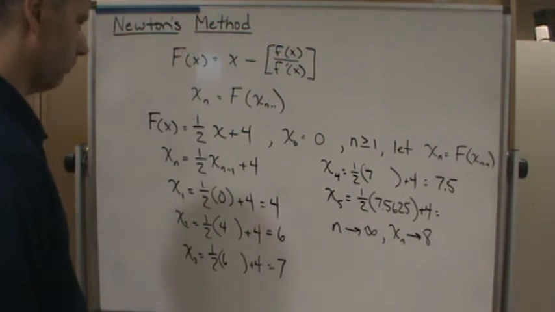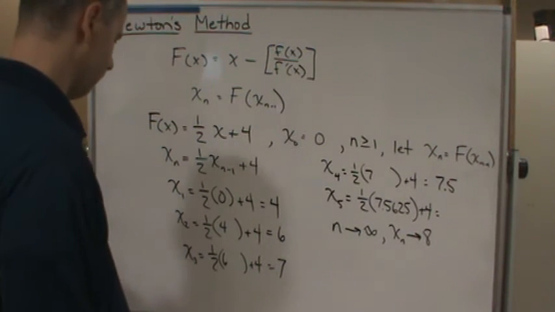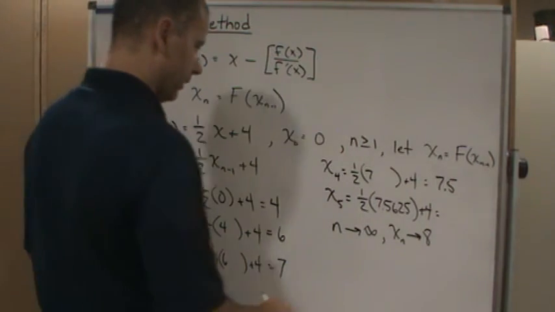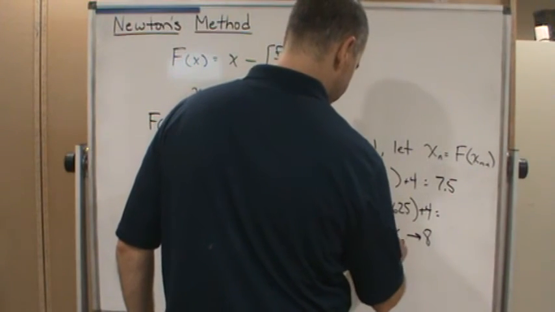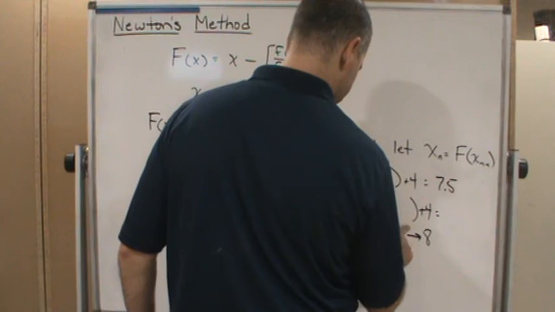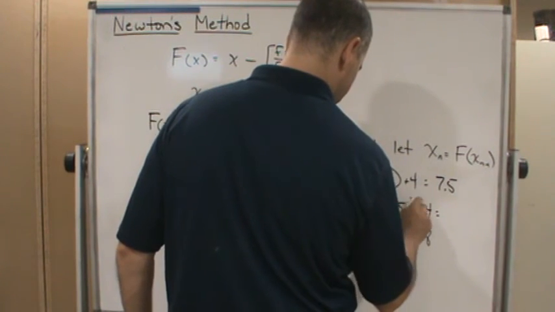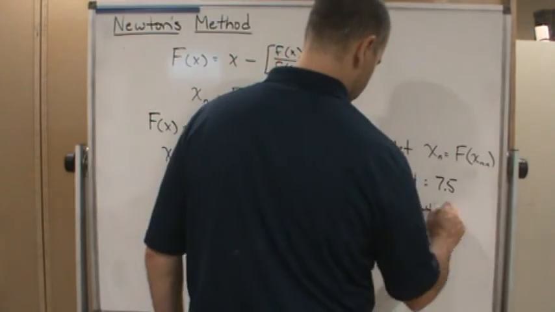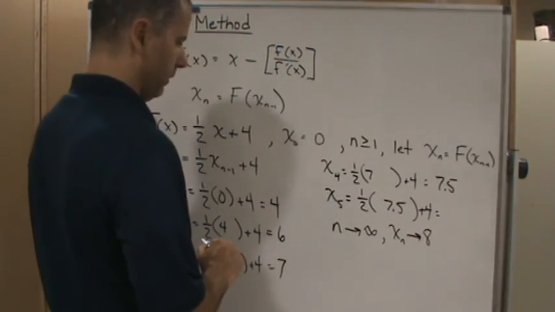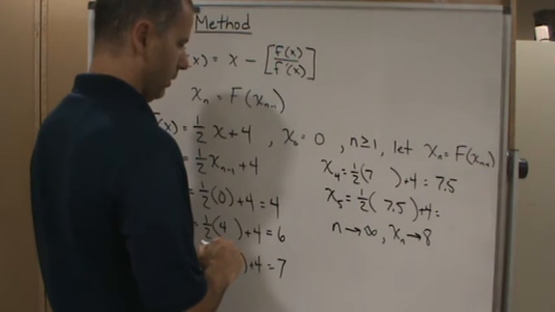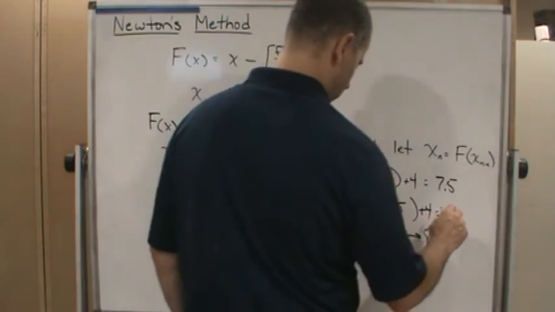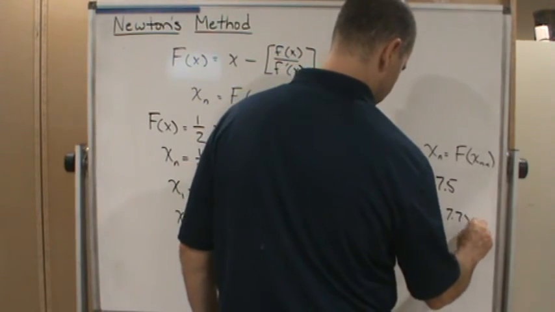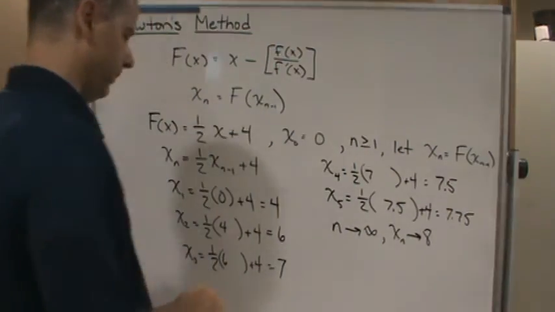And then this would be 7.5, which would be 3.75, so this would be 7.75.